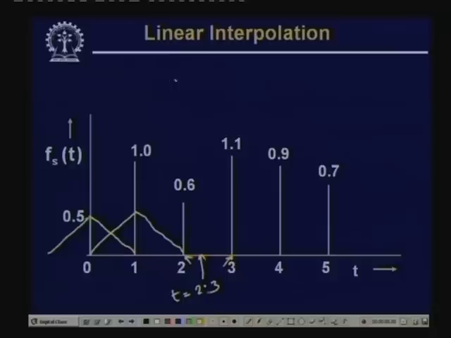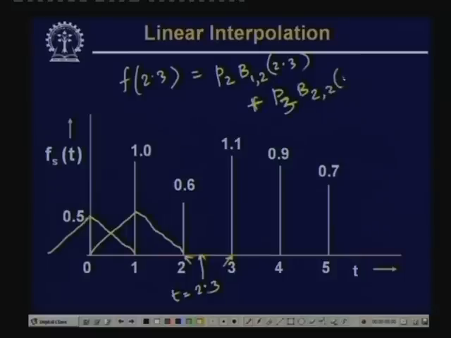In this particular case, I will have f 2.3, which will be nothing but p 2 into b 1 to 2.3 plus p 3 into b 2 to 2.3, just this.